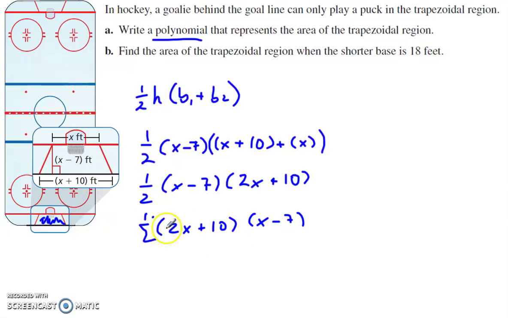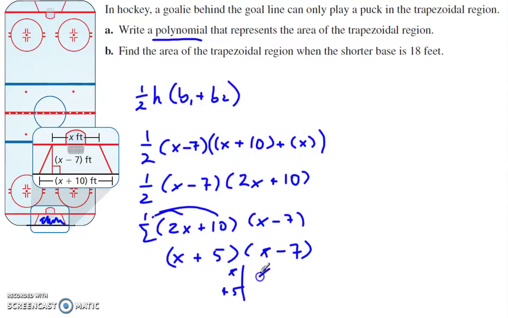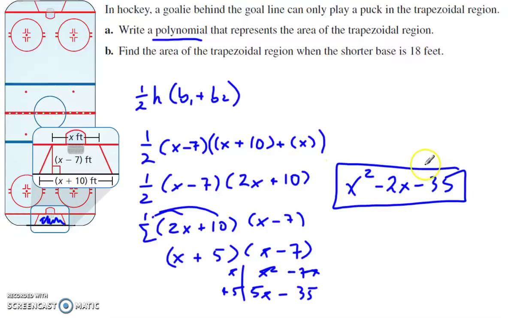Because both of these are even, so if I do 1/2 to each of these, I just get x plus 5, and then multiply that by x minus 7. So x plus 5, that gives me x squared, and negative 7x. Down here I get 5x, and negative 35. So x squared minus 2x minus 35 is the polynomial.